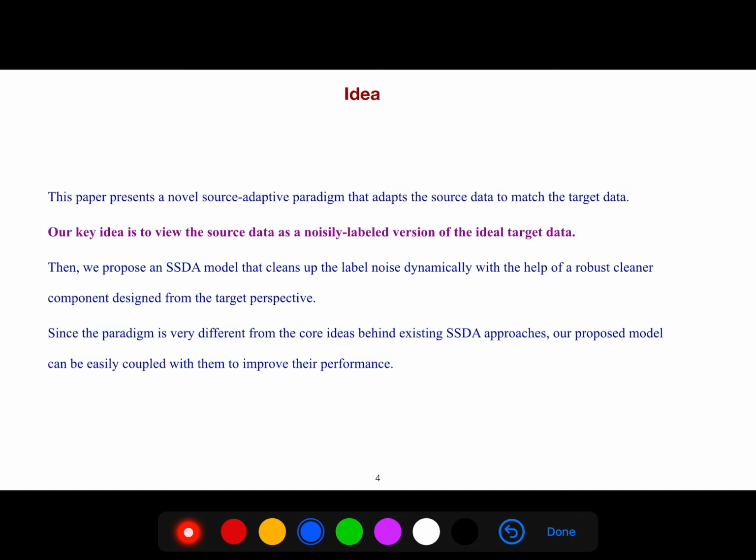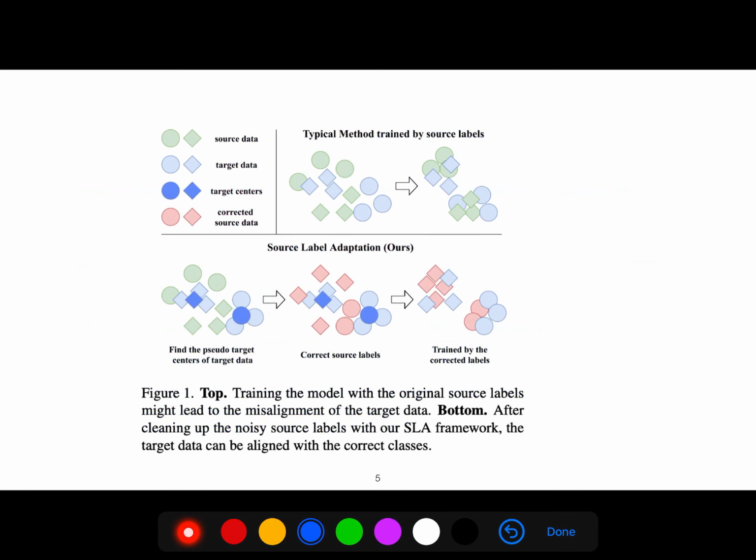Then we propose an SSDA model that cleans up the label noise dynamically with the help of a robust cleaner component designed from the target perspective. Since the paradigm is very different from the core ideas behind existing SSDA approaches, our proposed model can be easily coupled with them to improve their performance.